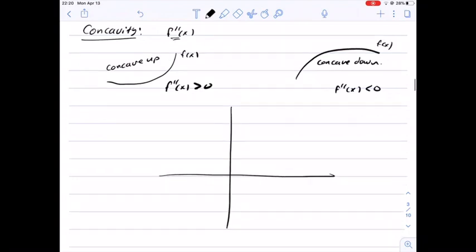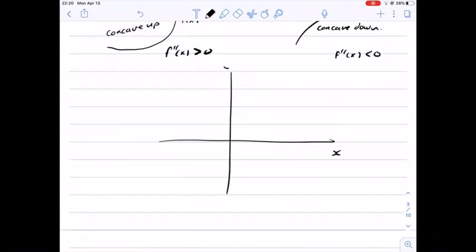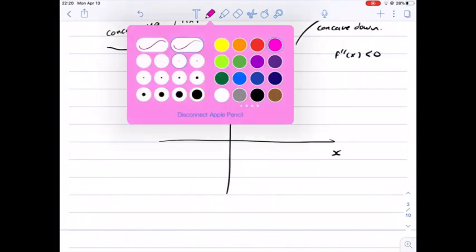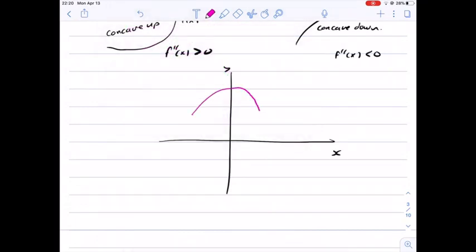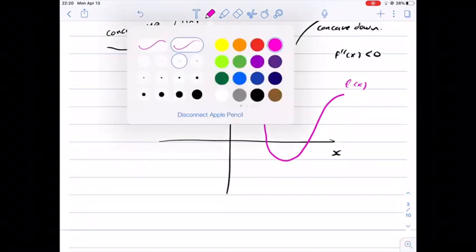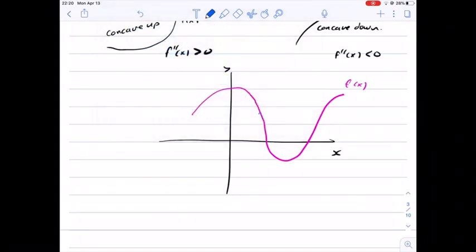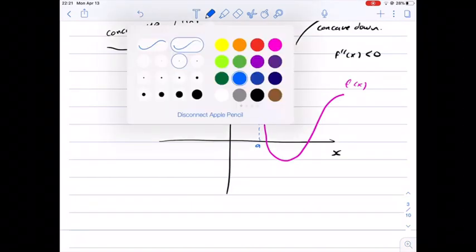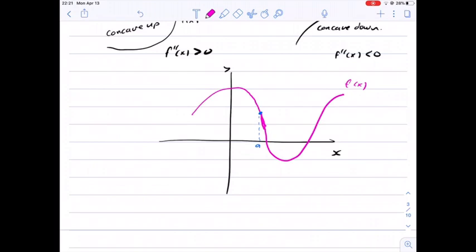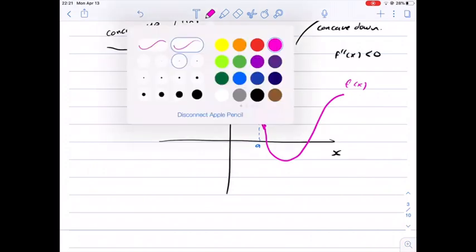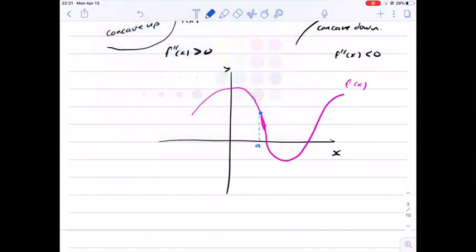So if we have a graph like this, a graph of function f of x, as you can notice from this graph, approximately at this point, let's call this point A, the graph starts to change its concavity.